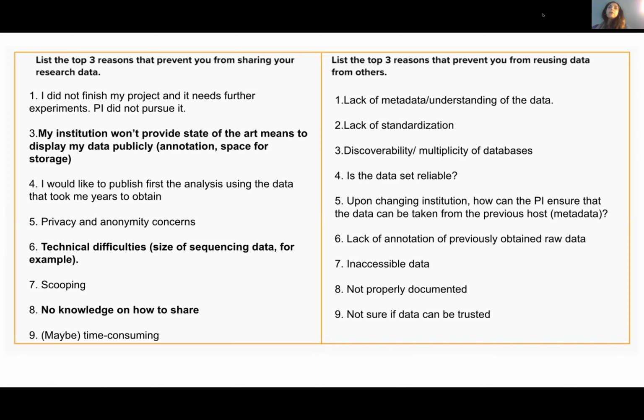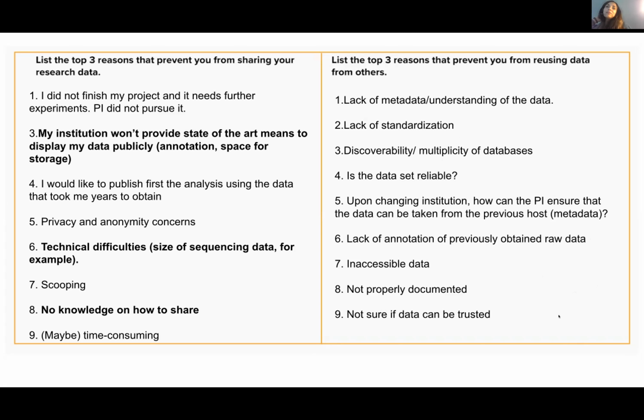So for instance, biodata has, let me just put it in the chat here, the DM portal, which you can use as a repository to share data that you want to have publicly shared. And we would be happy to receive a contact from any of you who would like to use a DM portal for these reasons.